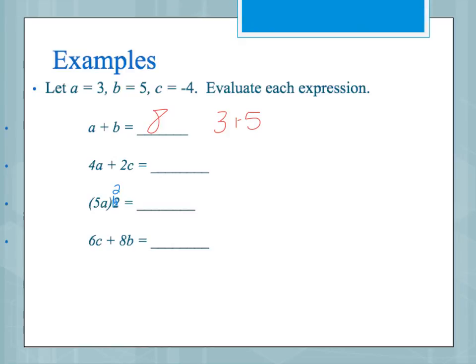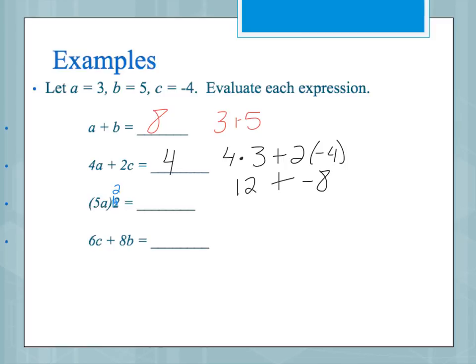For the second example, I'm going to, again, plug in a 3 for A and a -4 for C. This time I have a little bit more work to do. I need to use the order of operations, so I'm going to multiply before I add. So I have 12 plus -8, which gives me 4.